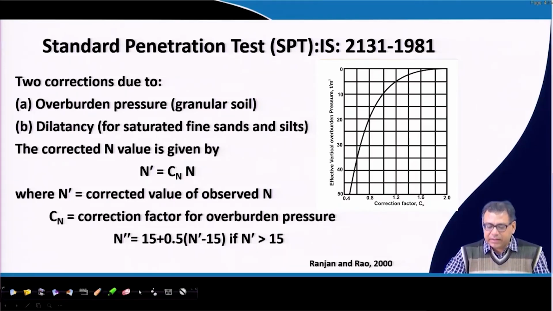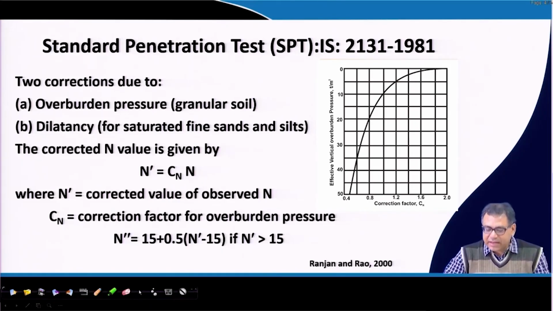And if the effective overburden pressure is less than 10 ton, then you can see the Cn value is greater than 1. And if the effective overburden pressure is more than 10 ton per meter square, then the Cn value is less than 1.